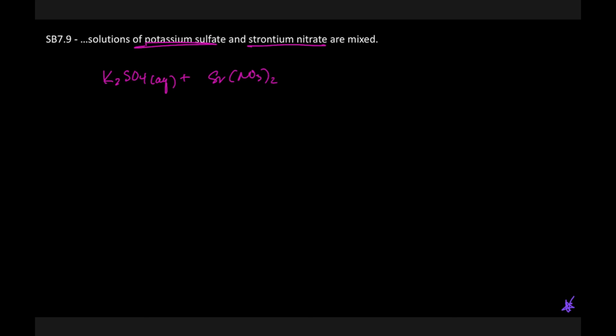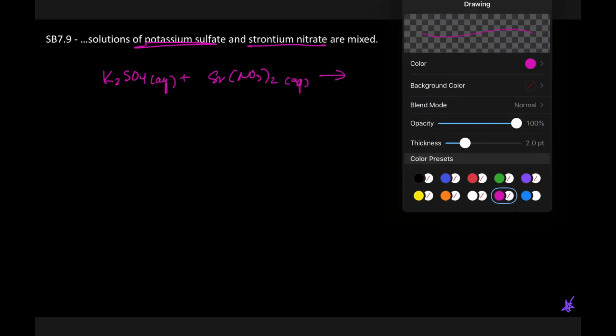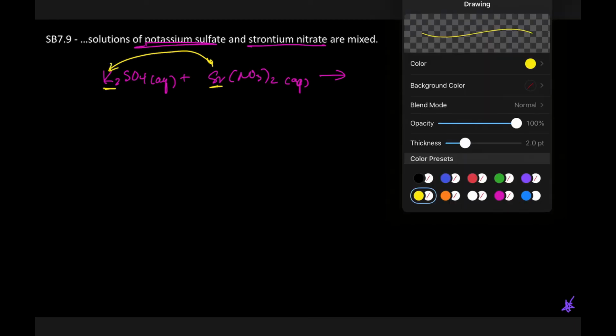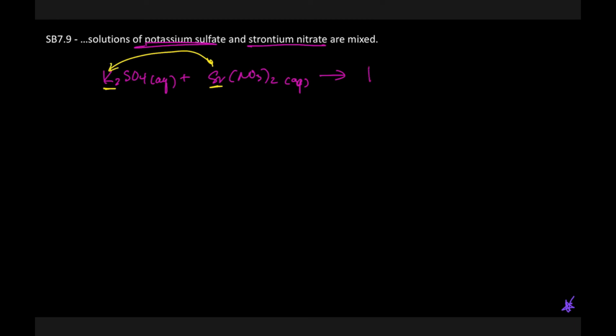Sr(NO3)2, aqueous. And again, two ionic compounds: identify the cations, switch the cations, and then potassium will now be stuck to nitrate. Potassium has a charge of +1, nitrate has a charge of -1. That formula is correct. Strontium has a charge of +2, sulfate has a charge of -2, so that's correct.